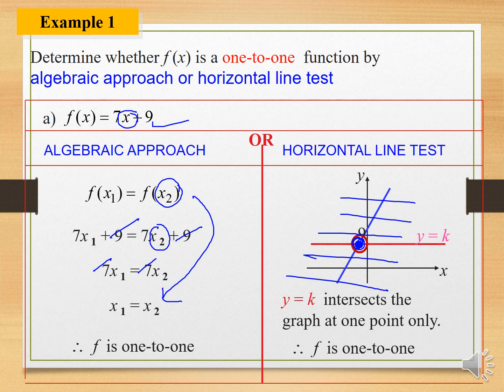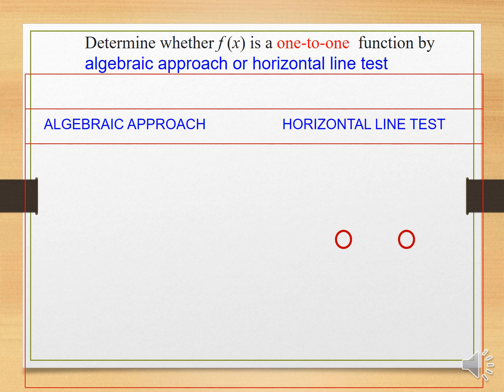F is a one-to-one function. Determine whether f(x) is a one-to-one function by algebraic approach or horizontal line test. For the second function, f(x) equals 3 minus 4x squared. By using the algebraic approach, f(x1) equals f(x2). Then f(x) equals 3 minus 4x squared.